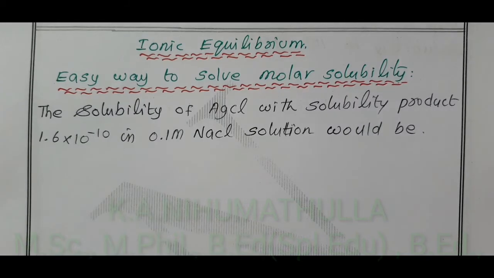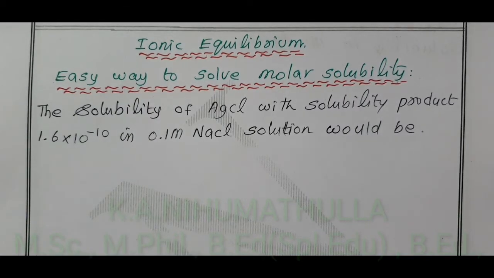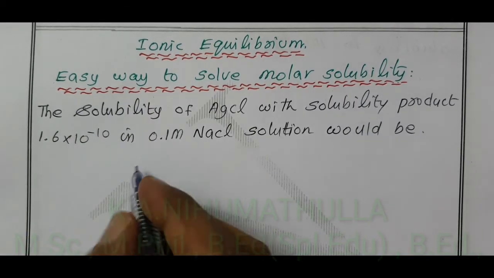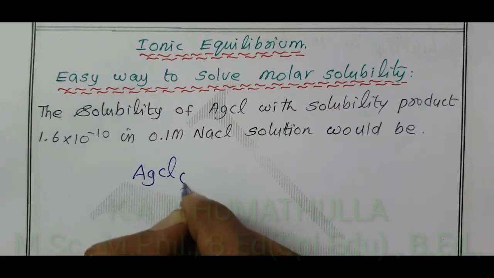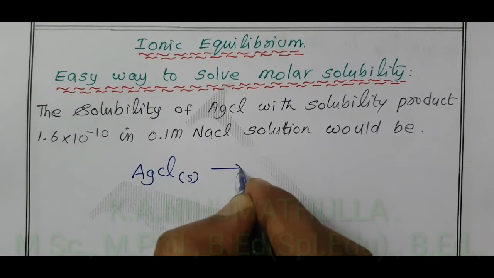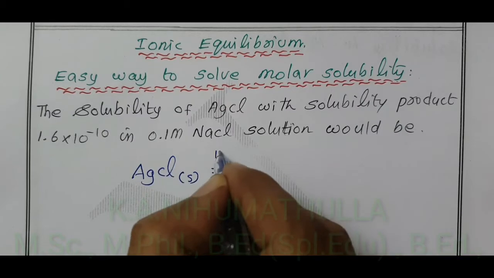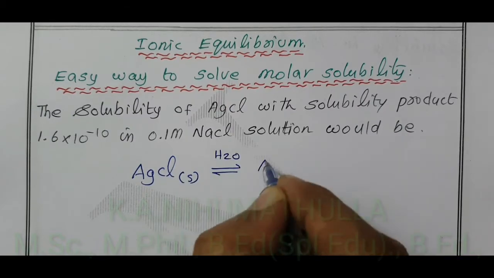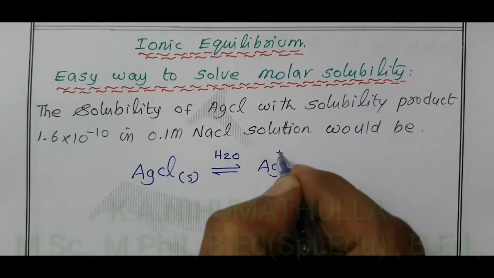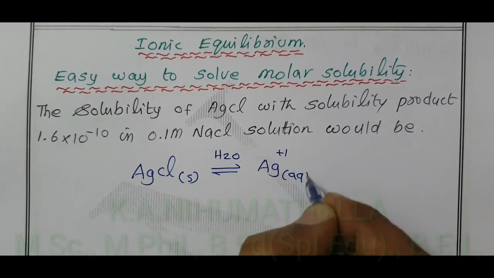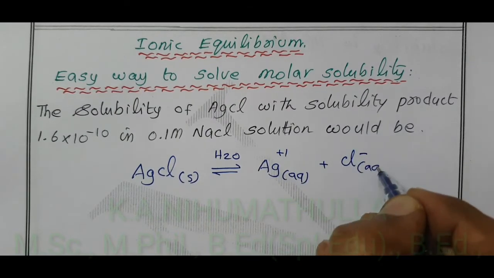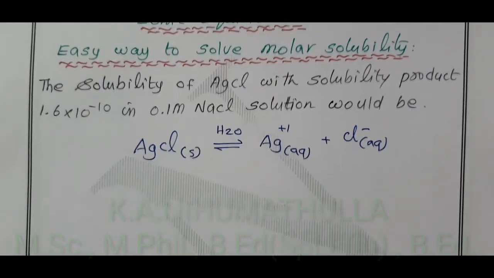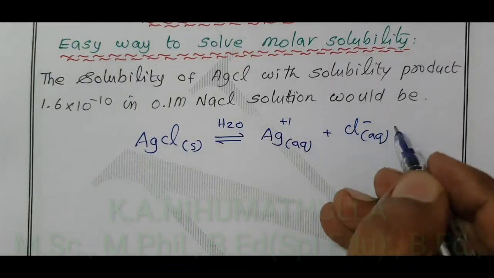Silver chloride, AgCl, undergoes ionization. AgCl, a solid, on ionization when dissolved in water gives Ag plus aqueous plus Cl minus aqueous.